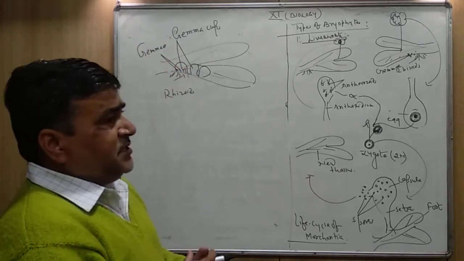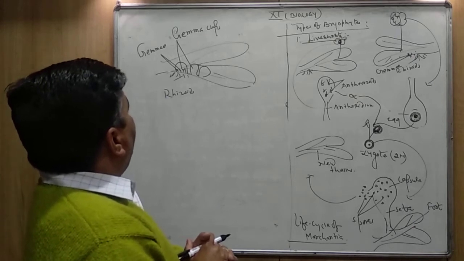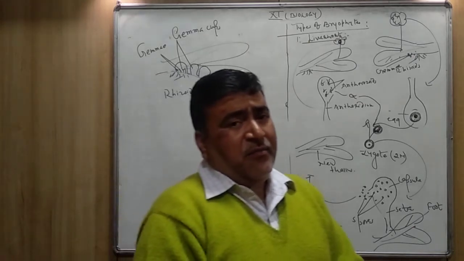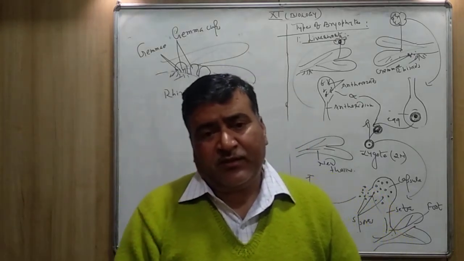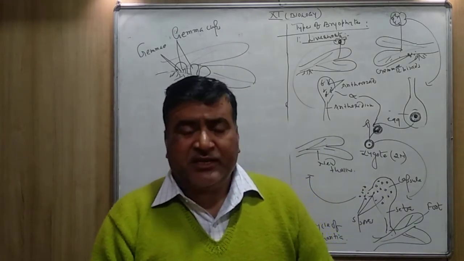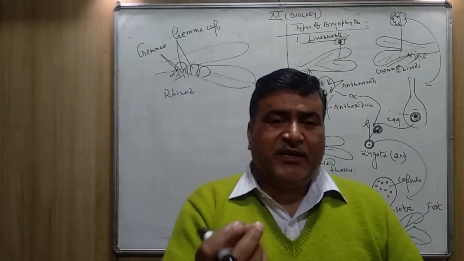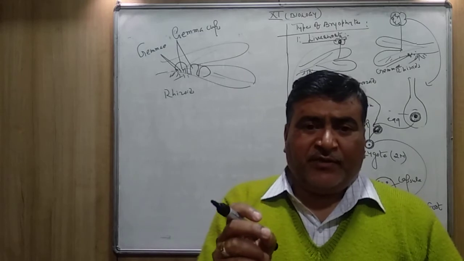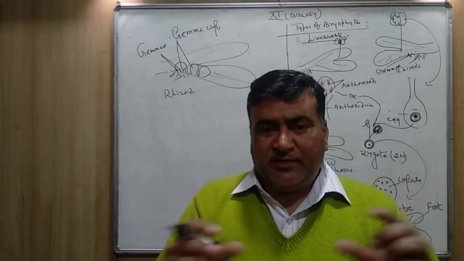So gemmae are multicellular structures. These are green in each gemma cup. The plural form of gemma is gemmae.